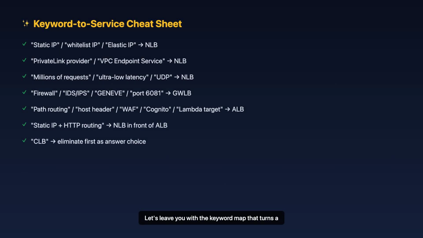Let's leave you with the keyword map that turns a scenario into an answer. Static IP, whitelist IP, or elastic IP points to the network load balancer. PrivateLink provider or VPC endpoint service, also the network load balancer. Millions of requests, ultra-low latency, or UDP, again, the network load balancer.